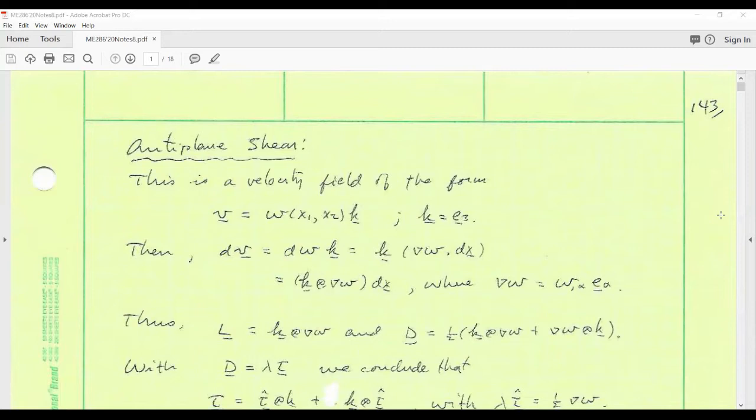So for example, in anti-plane shear, a velocity field would look like this: a single component, w, in the direction of k, which is perpendicular to the page, so it's e3. And that w only depends on x1 and x2, the coordinates in the plane of the screen.